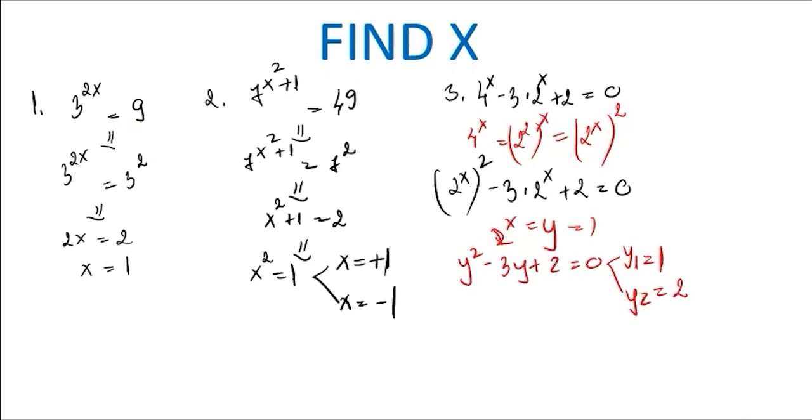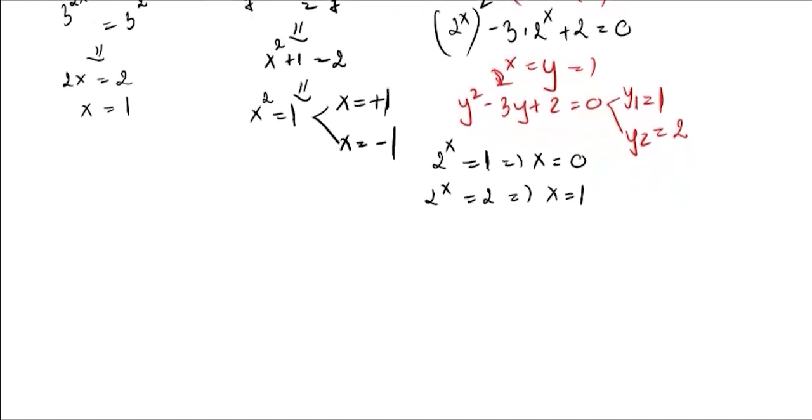Now I go back to my initial substitution. For y1, 2 to the power of x equals 1, so in this case x equals 0. And 2 to the power of x equals 2, in this case x equals 1. This is one of the methods.